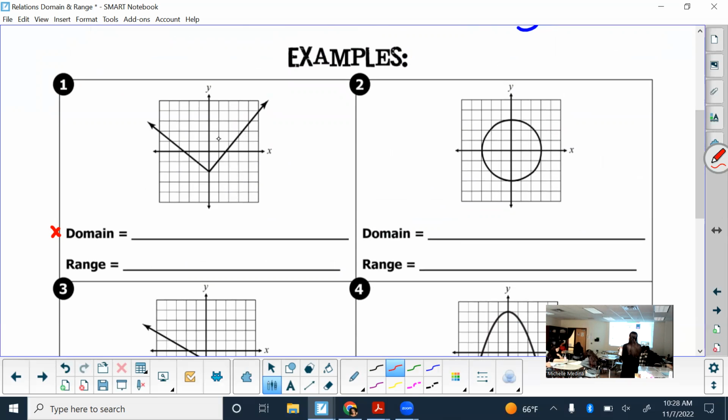The X. So looking from left to right, see how the graph is. Does it look like it'll touch all the x's to the left? Also look at the arrows. The arrows mean that it goes on infinitely. So eventually, will it touch all the x's on the left?